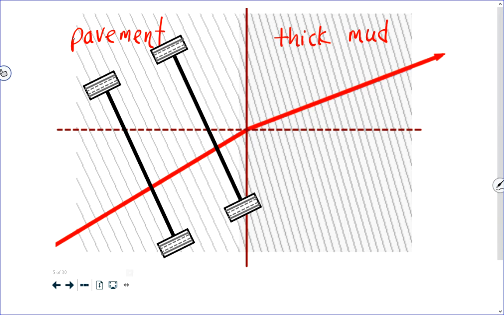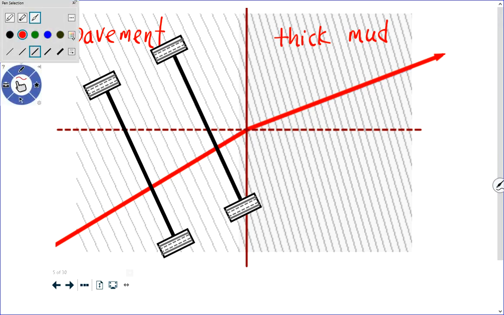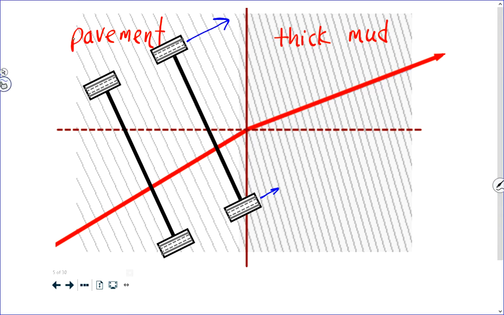And if you stop and think about what's going to happen to the whole axle, if this wheel is moving with a particular speed, but the top wheel is moving faster because it's on pavement, that whole axle is going to start to pivot.